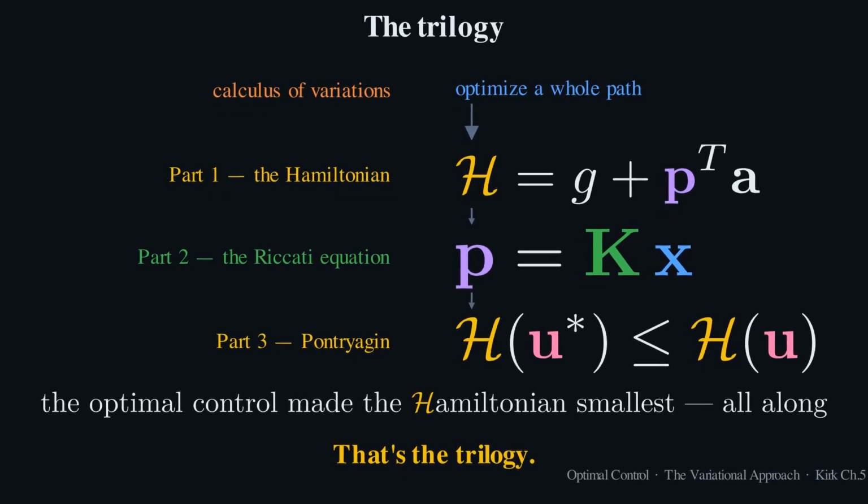And when the control was bounded, the flat spot rule gave way to Pontryagin's minimum principle, here in part 3. Through all of it, one object did the work. The optimal control was always the one that made the Hamiltonian smallest. That was the key from the very first frame. That's the trilogy.